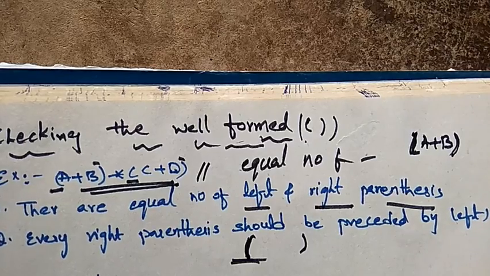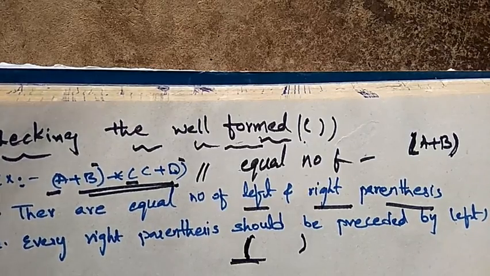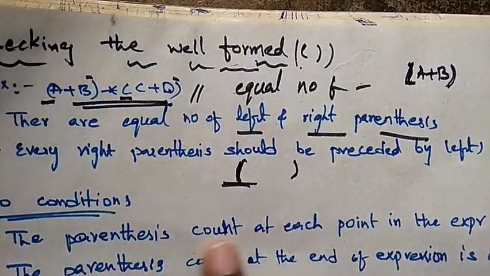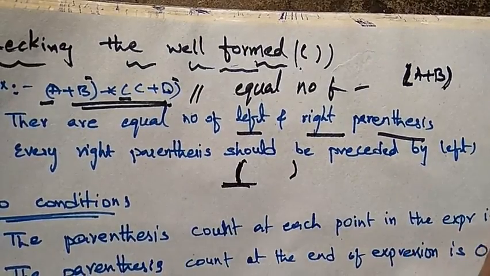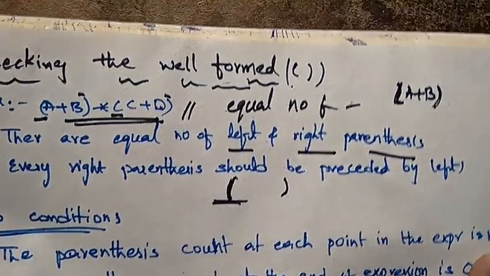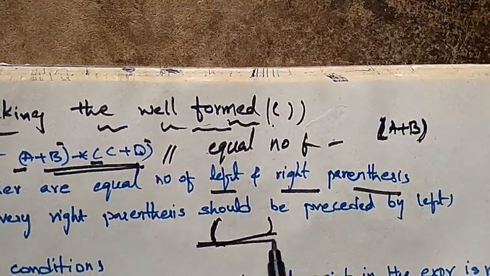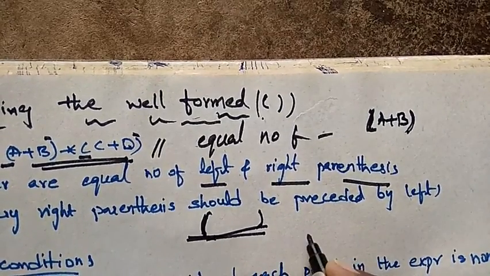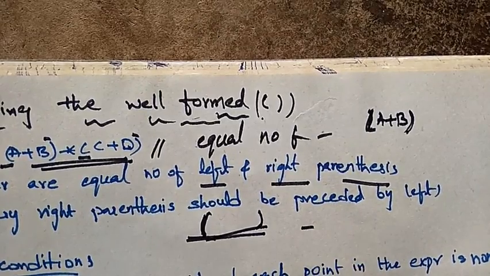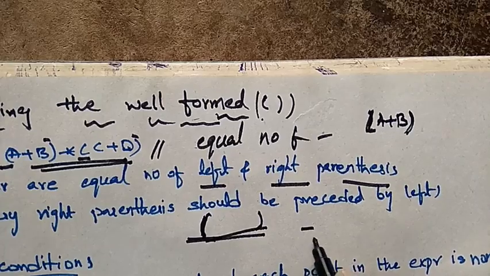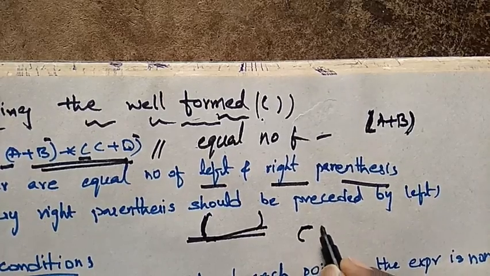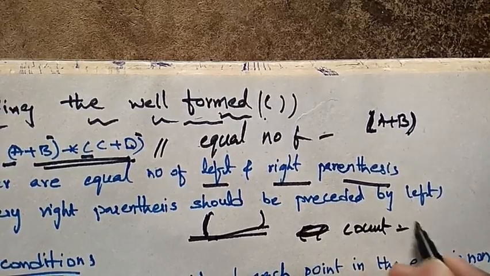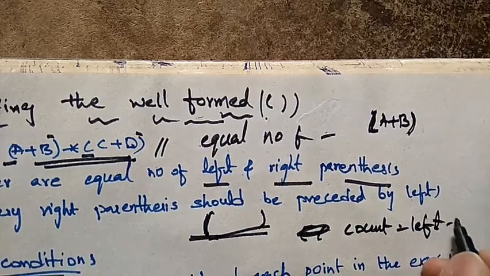But see, the two conditions that you need to remember when checking the parentheses in your expression. The first is that the parenthesis count at each point in the expression is non-negative. Whenever you are counting the parentheses, the count should not have any negative values. The count is found like this: count equals left parenthesis minus right parenthesis.